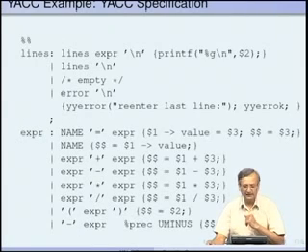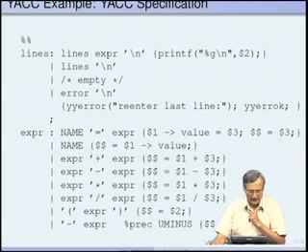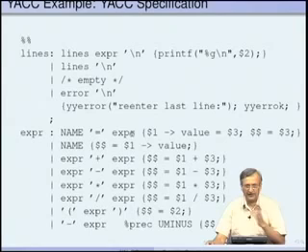So, here is the specification. Let us look at expression to begin with. Name equal to expression, that is the assignment statement, and expression plus expression, expression minus expression, expression star expression, and expression slash expression.